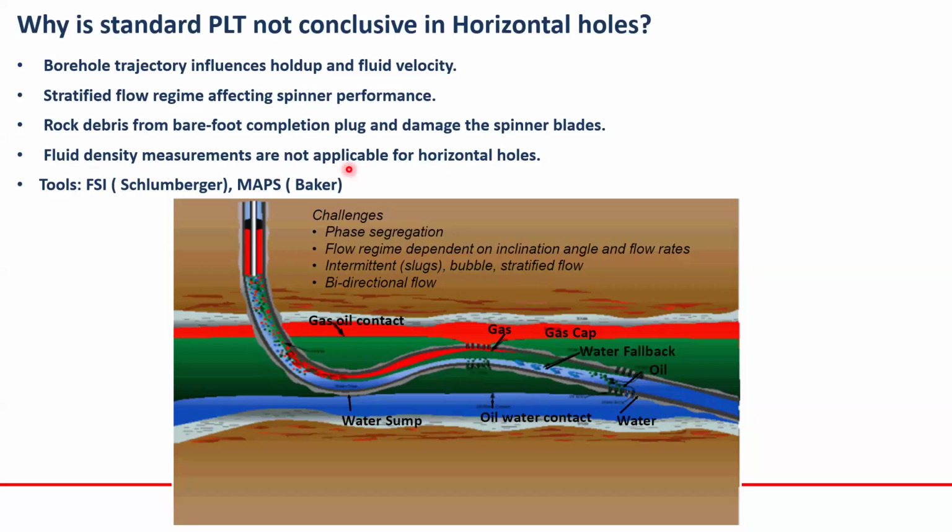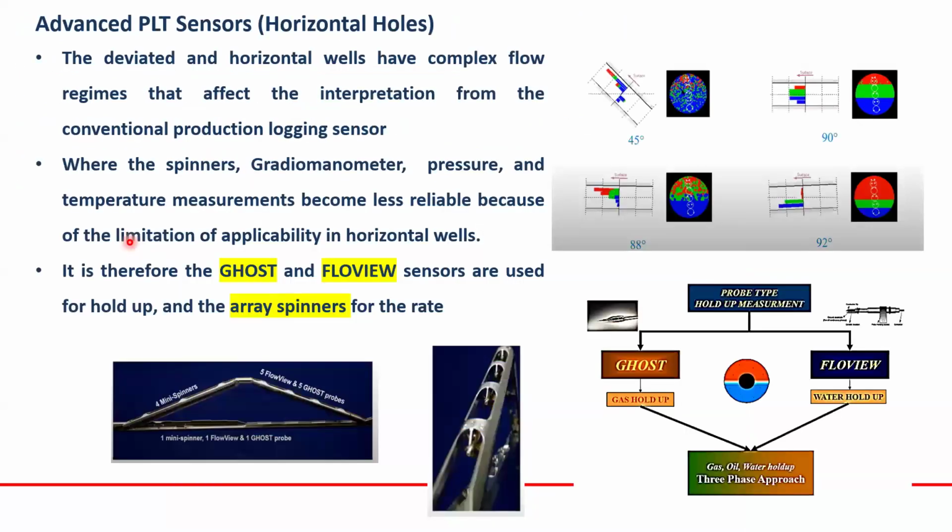There are many tools, but today I will talk about the FSI from Schlumberger and the MAPS from Baker, just two different technologies. Advanced PLT in a horizontal hole: the deviated and horizontal hole has a complex flow regime that affects the interpretation from conventional production logging.